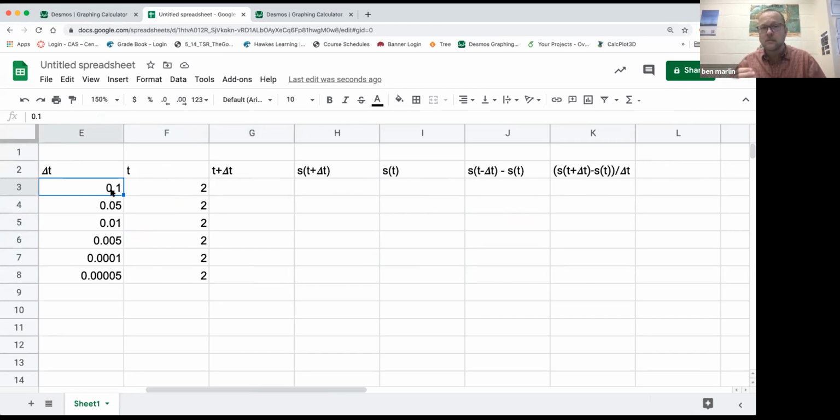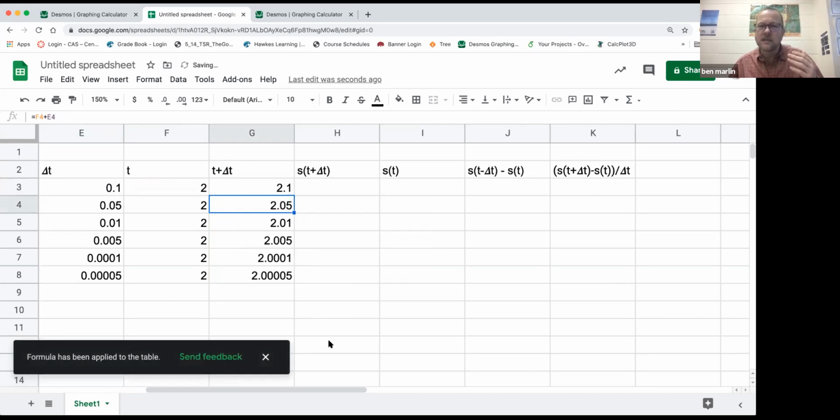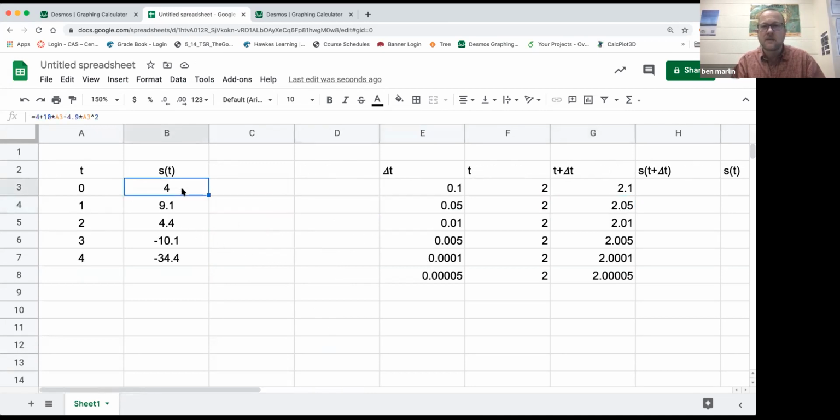They need to be small numbers and they need to get smaller as we go along. That's all the difference. And now I'm going to tell this equals the t, which is to my left, plus the delta t, which is another space to the left. And I'm going to let it autofill here. And so you can see how 2.1, 2.05, and so forth, they're just taking the t and adding the delta t on there.